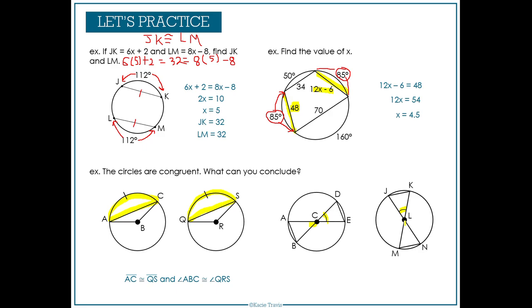Since we have a set of vertical angles, that means that we got four angles that are actually the same. So I got all four of these angles, DCE, BCA, JLK, and MLN. Those are all four of those angles we got highlighted in yellow.